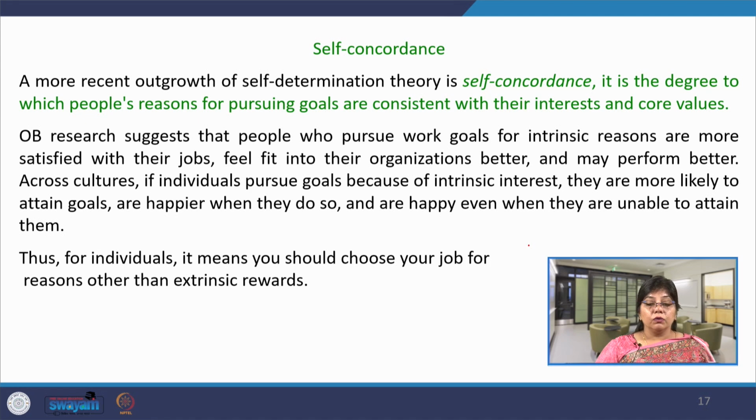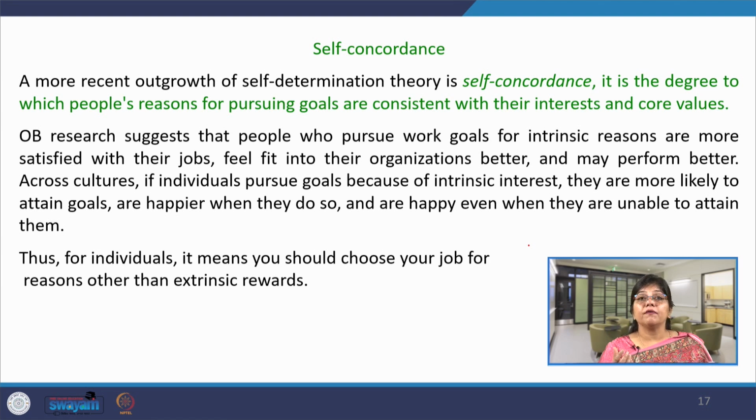A more recent outgrowth of self-determination theory is self-concordance. It is the degree to which employees' reasons for pursuing goals are consistent with their interests and core values. Here the thin line difference is, initially it was that what gives you intrinsic satisfaction will motivate you. In this mini theory of self-concordance, any employee will pursue his goal or job only when the job is consistent with his core values, that there is a strong justification, a strong reason why an individual is performing this task.